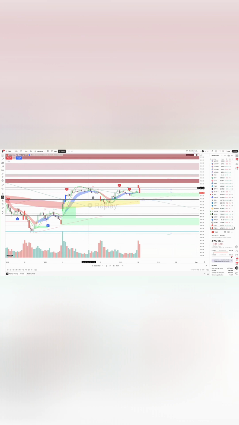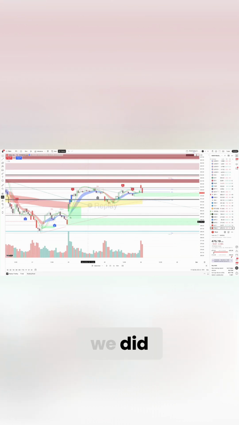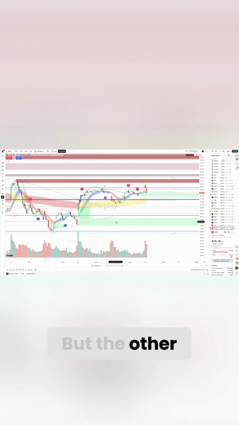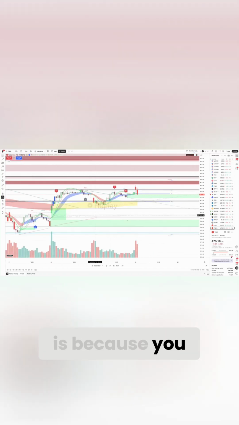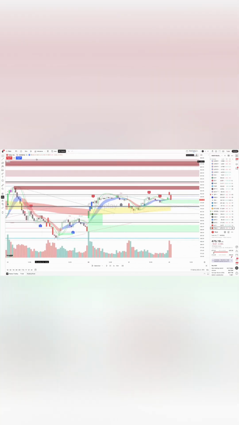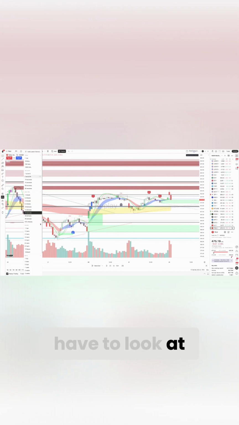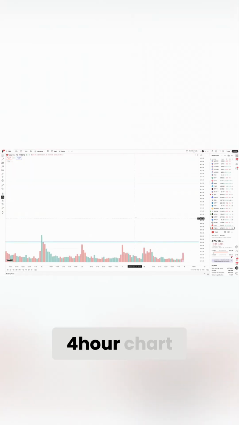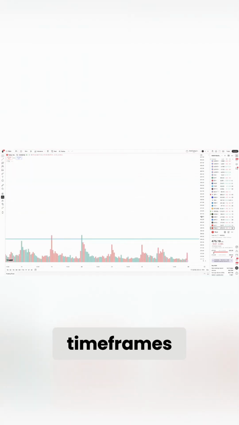So the other thing that we did, I'm just explaining the confirmation systems to you guys. But the other advantage that you have is because you have the wolf chart. When you're trading, there are other things you have to look at, like the higher time frame situation: what's happening on the daily, what's happening on the 4 hour chart, and what's happening on these other time frames.